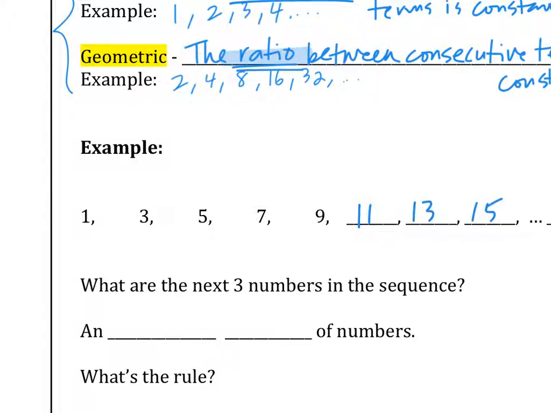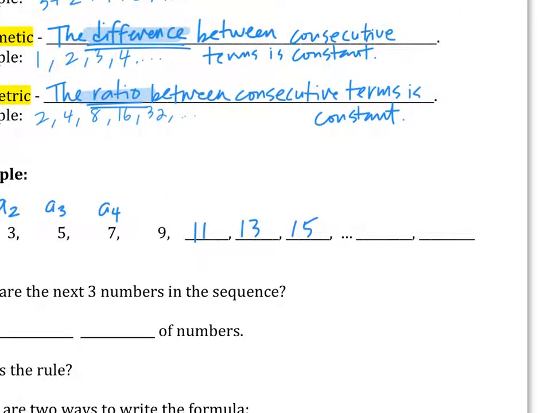Okay, so the first number in the list, we always call A1 because it's the first term. The second term we're going to call A2. Third term is A3, A4, and so on. The last number of a sequence, we call that AN, because it's the last one.